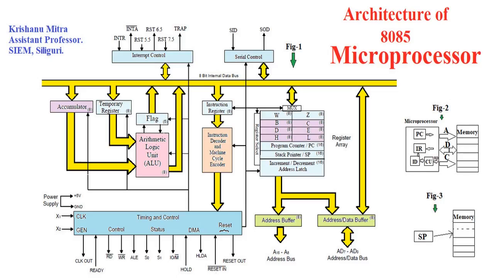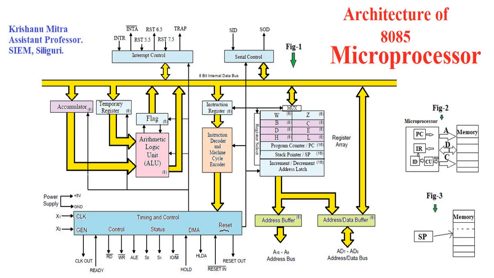First we tap the WhatsApp icon, so the memory location of WhatsApp will come to the PC, the program counter. Then the program counter will send a signal to the memory via the address bus. We can see the address bus in the diagram.